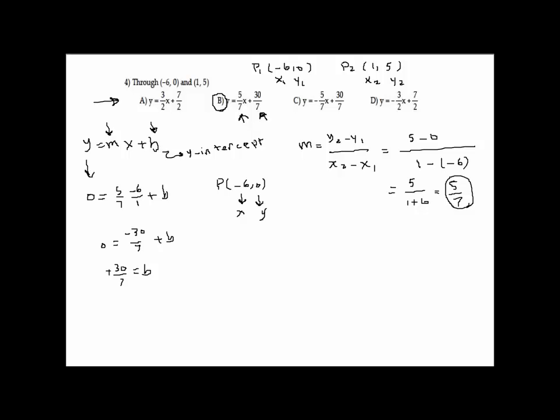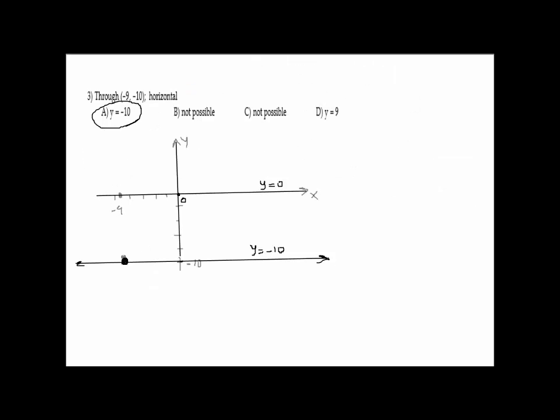Now I see Marine said in the chat here that y is equal to minus 10 doesn't pass through 9 if it is horizontal. I think you're referring to the different problem here. I think you're talking about this one here, right? Y is equal to minus 10, and it says it doesn't pass through 9.